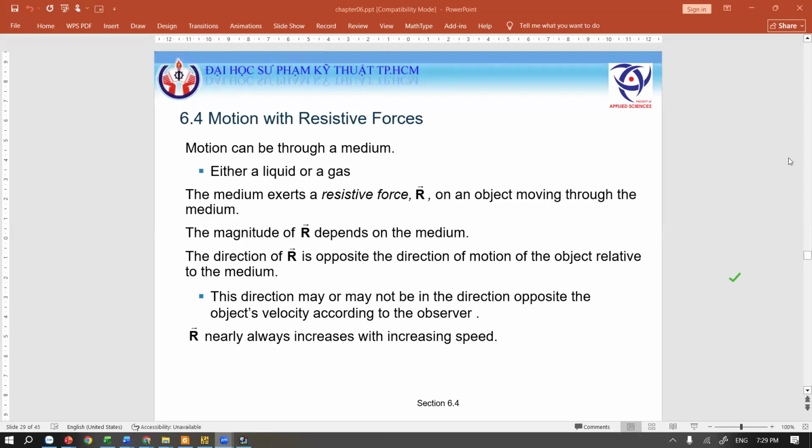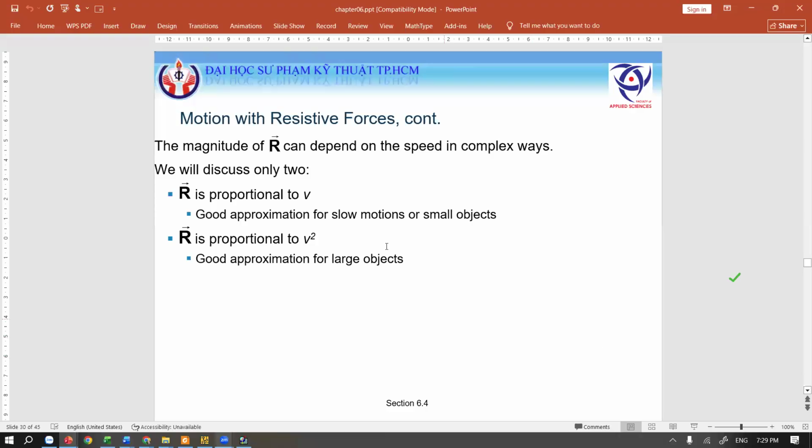Okay. So we have two types of resistive forces. One is proportional to the speed, in magnitude, but the resistive force R is always in the opposite direction to the velocity.